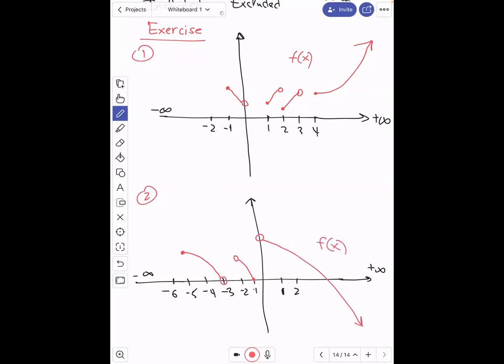Okay, guys, so please try to find the domain. The question, of course, is to find the domain.